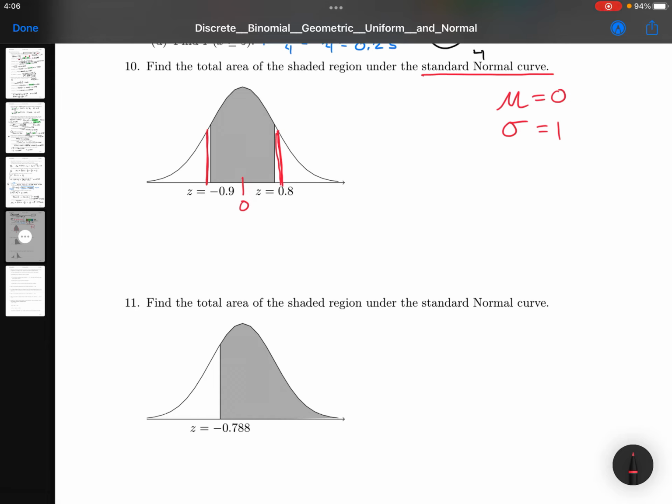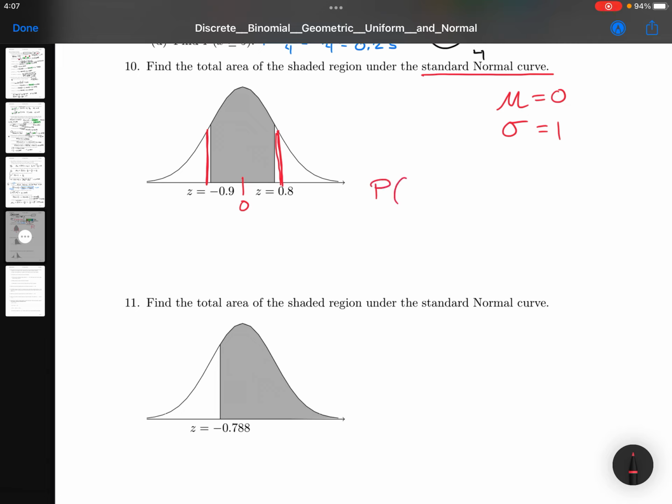Now if you remember, exactly 1 standard deviation in each direction has about 68% from your empirical rule. Well, this is a little less on this side and a little less on this side. So we're definitely less than 68%, but we're more than half. So that gives us an idea.